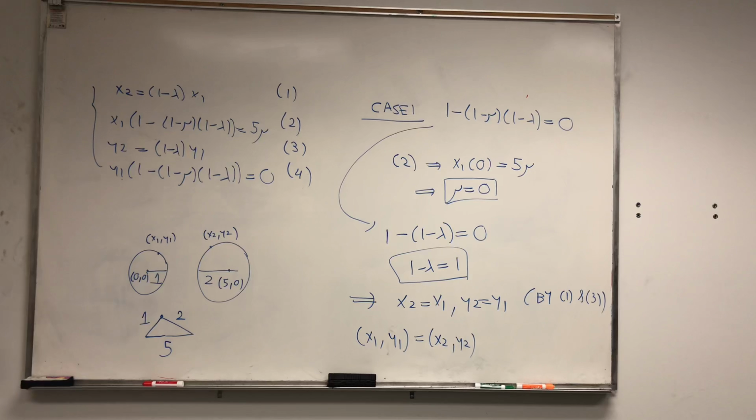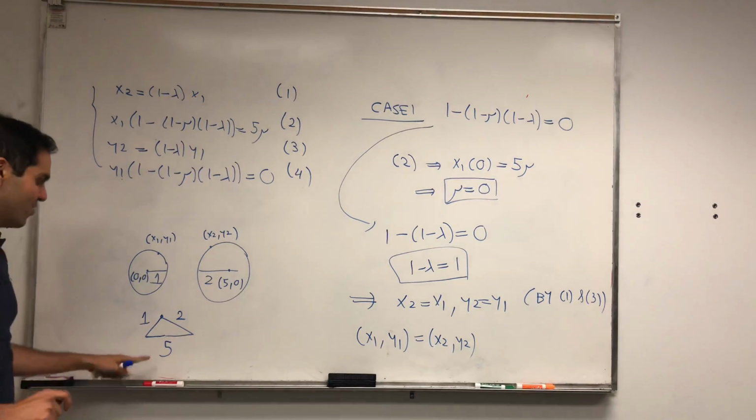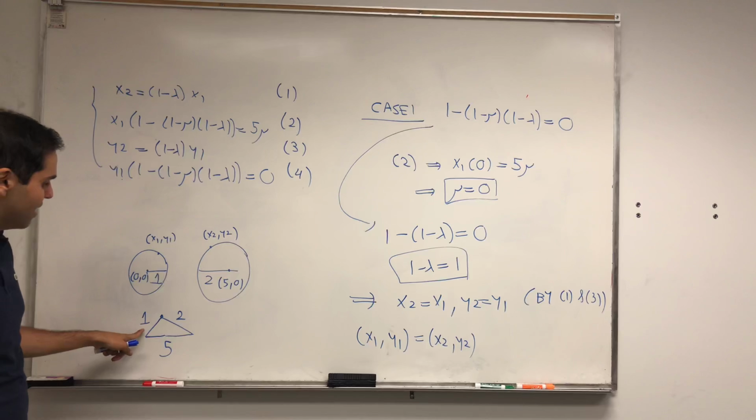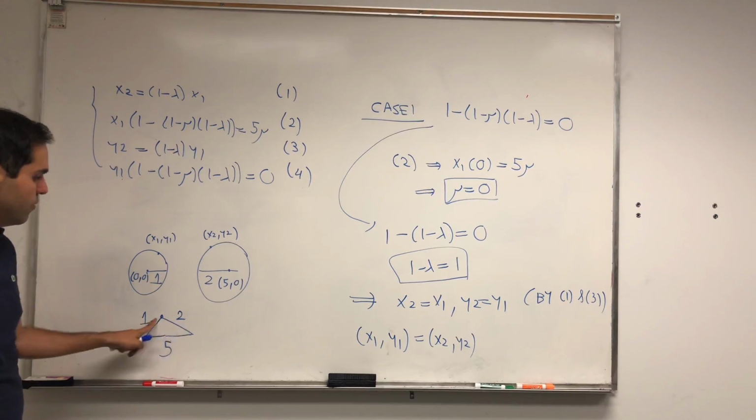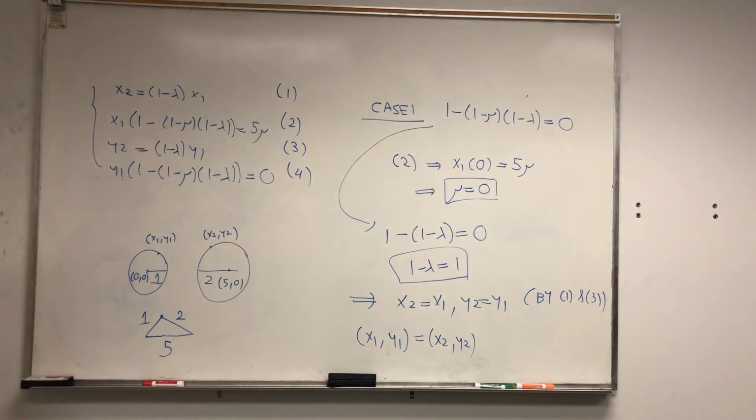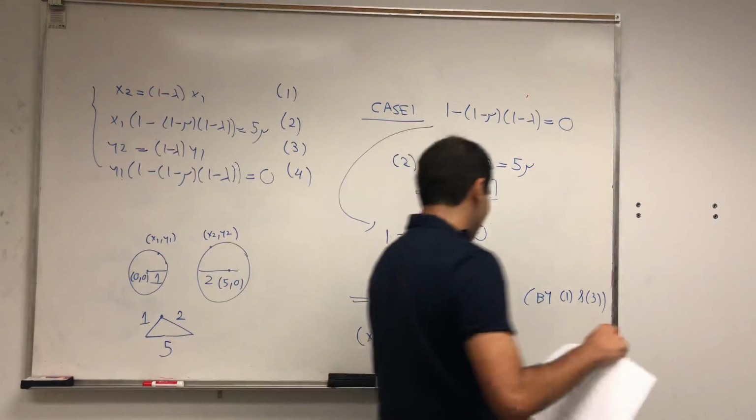And therefore, you would have a triangle with sides 5, 1, and 2, and that's not possible due to the triangle inequality. Triangle inequality always says that the sum of the distances of 2 sides has to be greater than or equal to the third side. So here we have a contradiction.